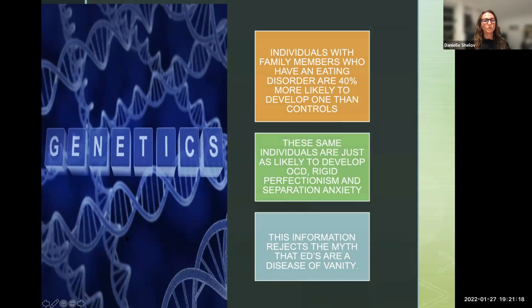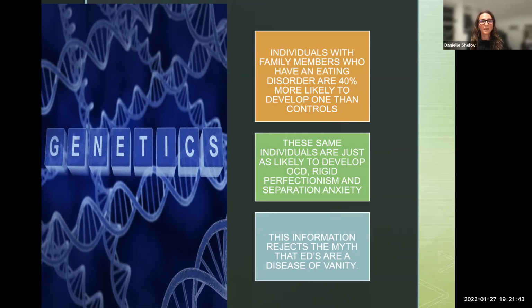Okay, so the genetics. I think that parents and families and humans in general have no idea that there is a genetic link for eating disorders. Individuals with family members who have an eating disorder are 40% more likely to develop one than control families. Now, this means that eating disorders have a biological basis, right?